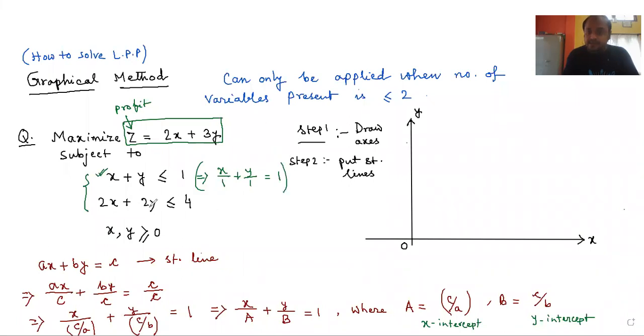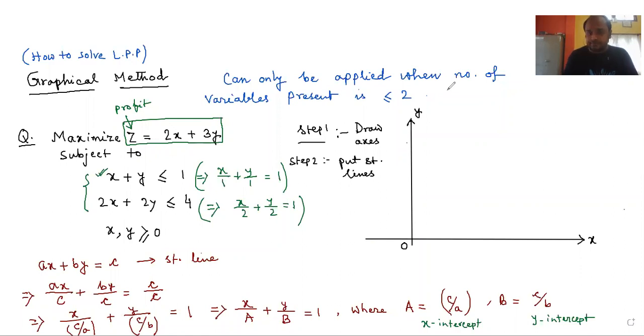This one is not in its intercept form, but can be brought by dividing all the sides by 4. So we get x by 2 plus y by 2 is equal to 1. So we have brought these equations into intercept form.